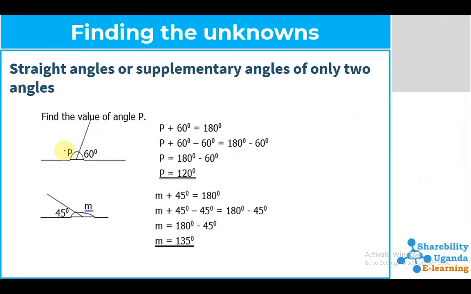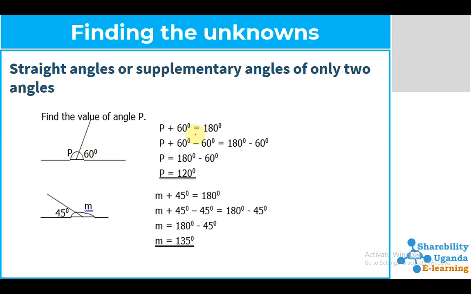So we shall be able to say the unknown value, which is p, plus the given angle, which is 60 degrees, is equal to 180. Why? Because our angle lies between the straight angles that start from 0 to 180 degrees.